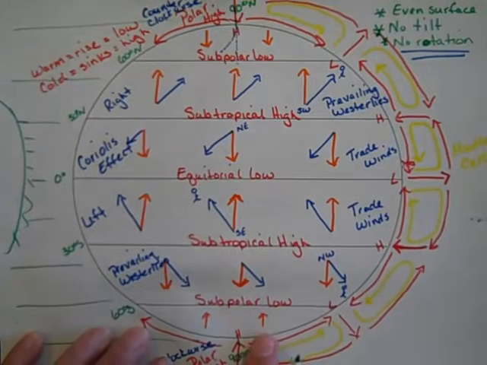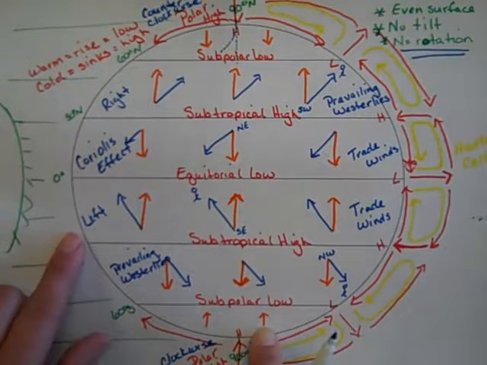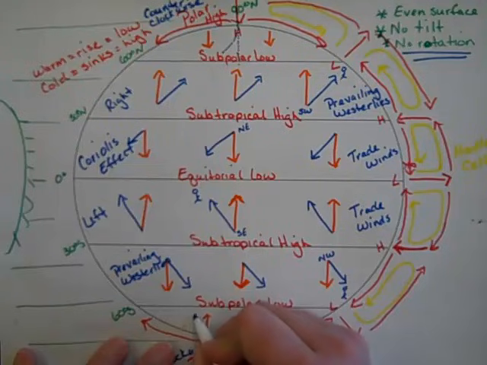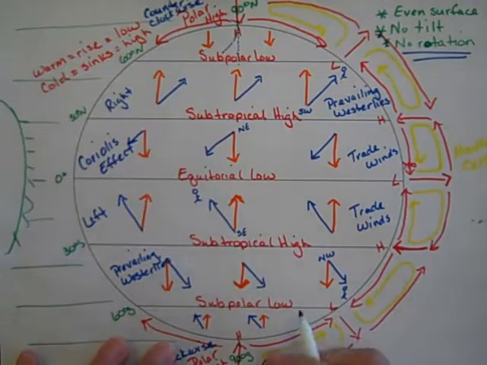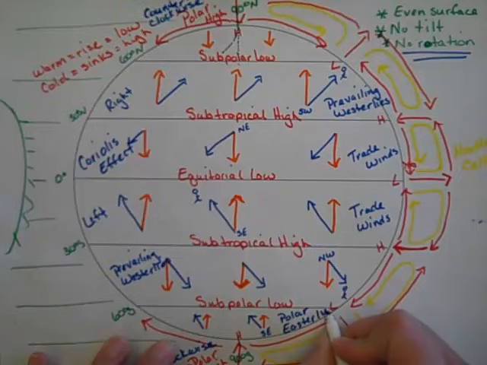And then our last belt, if we come down here, we're walking along our arrow, we're in the southern hemisphere, so we get deflected to the left. So if we're standing on our island in the poles, we appear to have air coming out of the southeast. These are the polar easterlies.